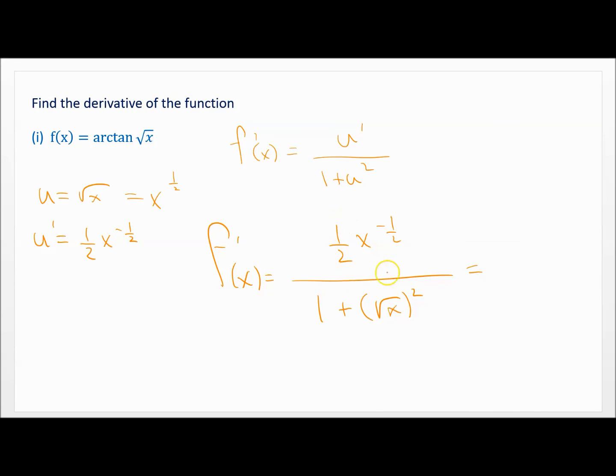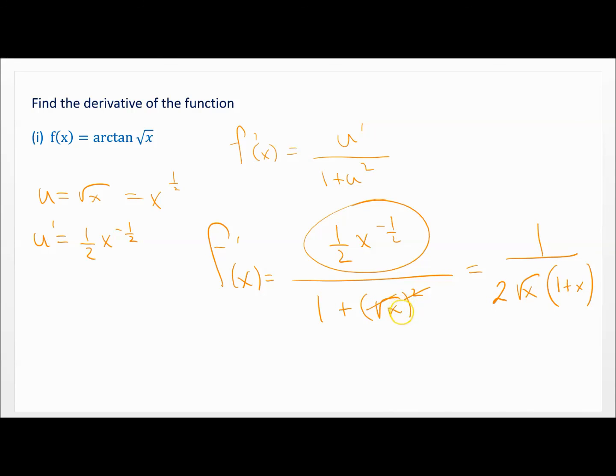All right, now I could rewrite this. This is going to be 1 over, now that 2 I'm going to take to the denominator. I'm going to take the x to the negative 1/2 down there too, so that's the square root of x times 1 plus x, because this square root and that square cancel. Now you've got to be a little bit careful.